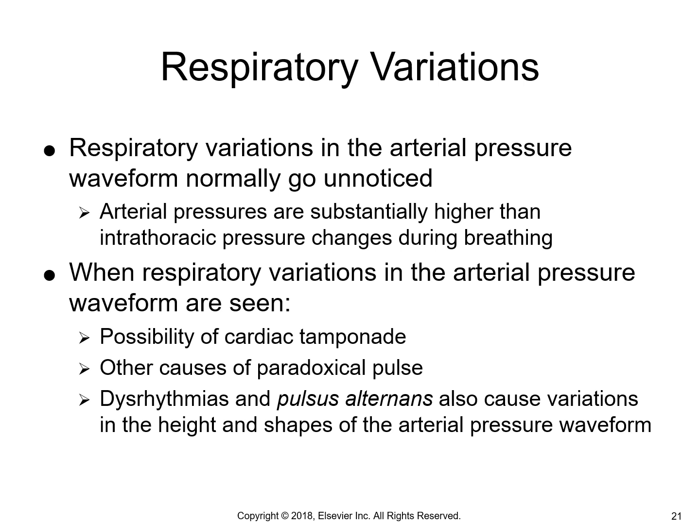However, when respiratory variations in arterial pressure waveform are seen, some of the things that we need to think about: is there a tamponade going on, cardiac tamponade? Is there a paradoxical pulse, like what we would see in asthma? Dysrhythmias and pulsus alternans can also cause variations in the height and the shapes of the waveform.